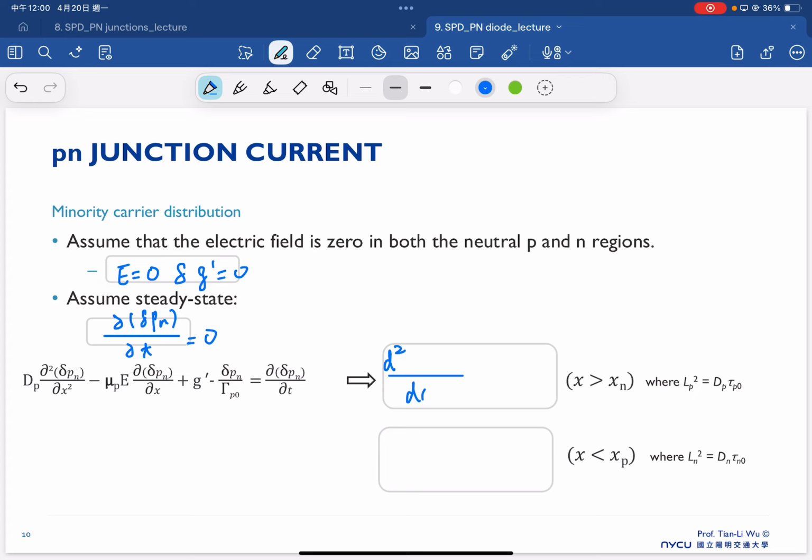Second order derivative of delta Pn minus delta Pn over Lp squared is equal to 0, where Lp squared is equal to Dp tau p, and also second order derivative of delta np over dx squared minus delta np over Ln squared is equal to 0.